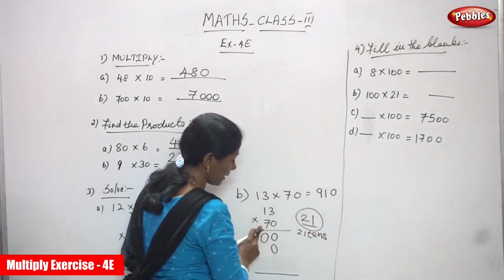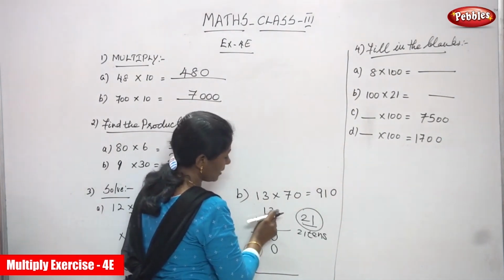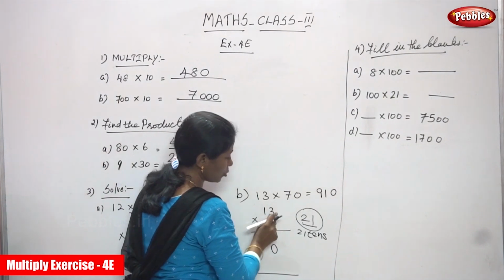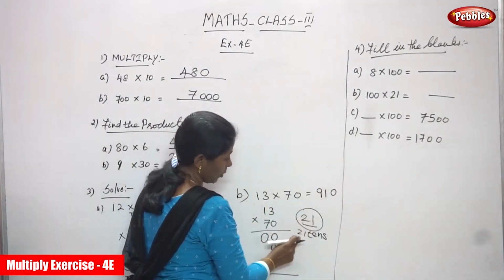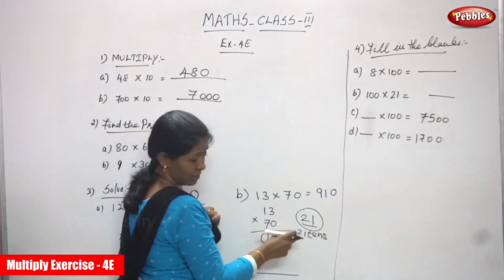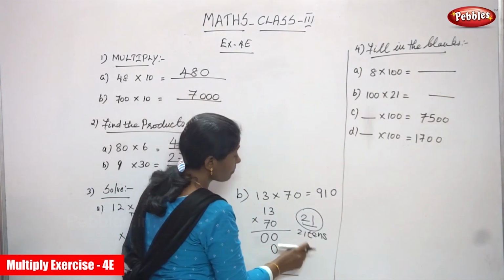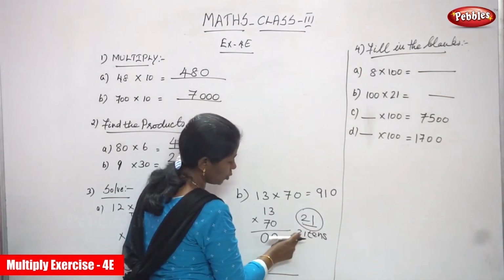So 7 tens multiplied by 3, 7 into 3 you get 21. This is 21 tens. Sorry, I said it wrong. So 21 tens is 1 ten and 2 hundreds.